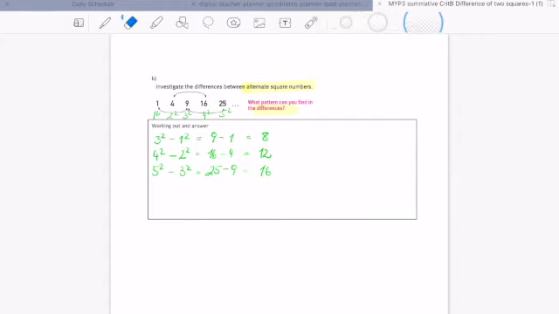Now, let's look at these. Oopsie, sorry. Actually wanted to highlight that, not delete it. So let's look at these numbers here. 8, 12, 16. What patterns could you describe here? You could say they're all even numbers. You could also say that you're adding 4 each time.